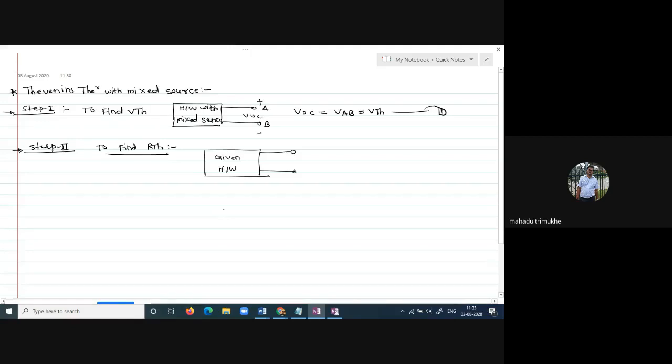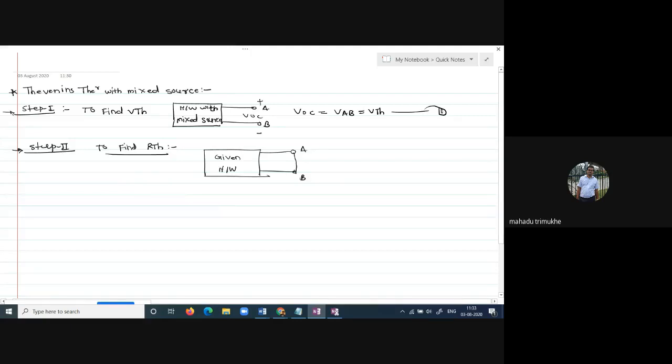Whatever steps you followed in step one, where points A and B were open, or the load resistor RL was removed, now you have to short circuit. That means you have to short circuit points A and B over here.